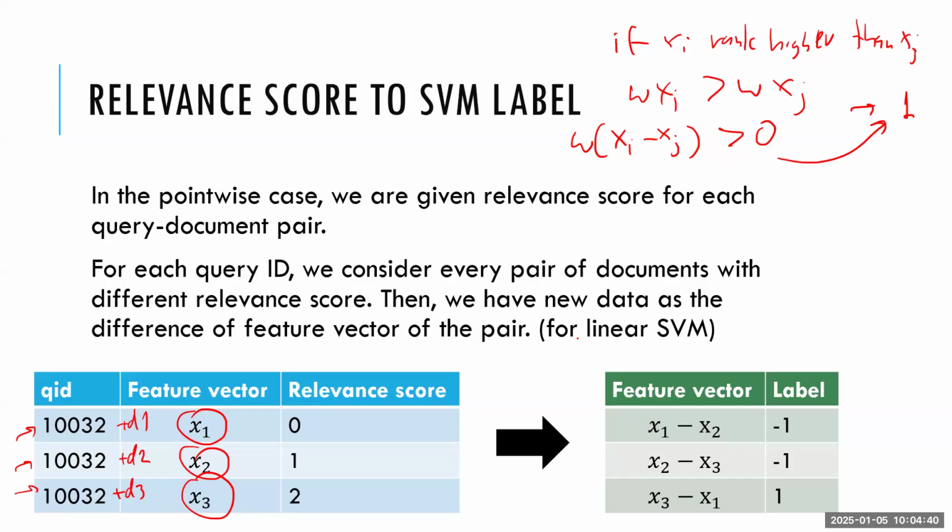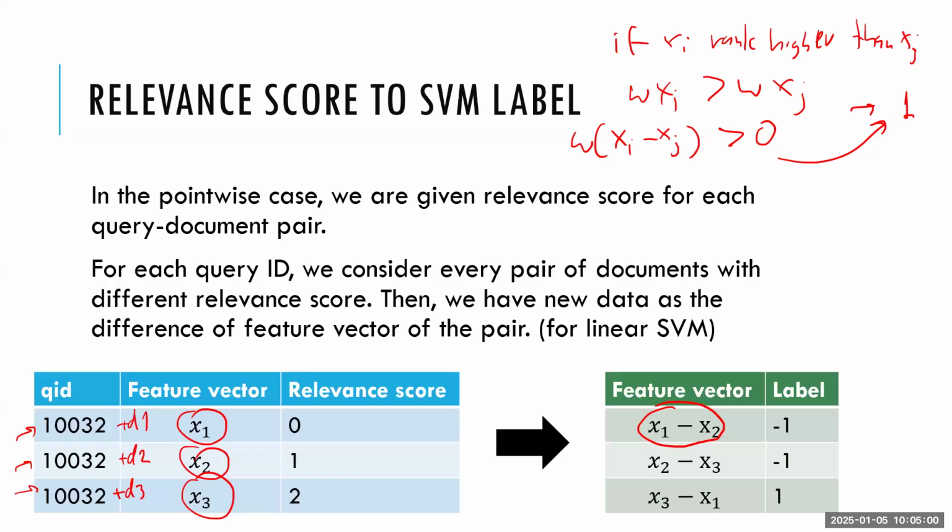So my new feature vector is going to be the difference between the feature vectors before, and the label is no longer the relevant score, but it will be based on which one has the higher score, right?